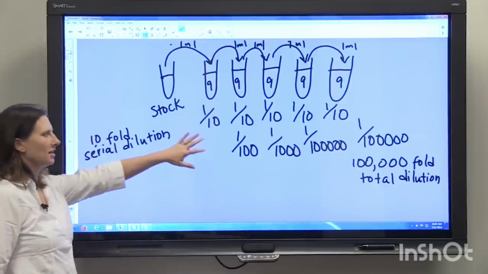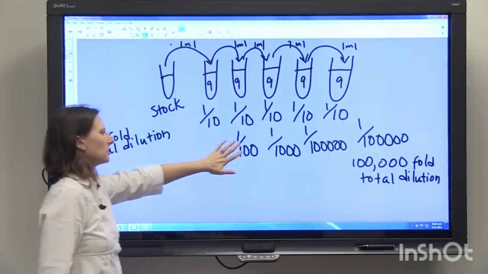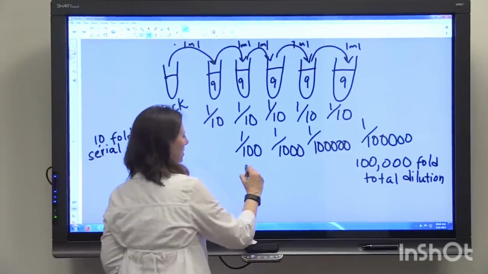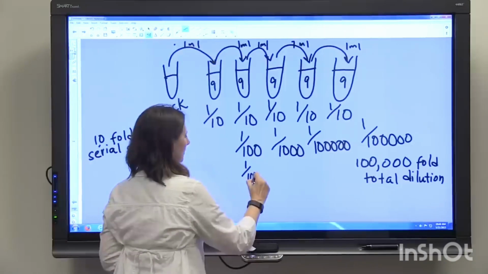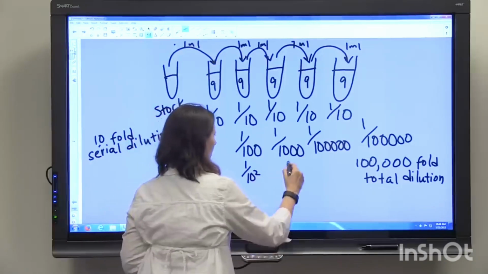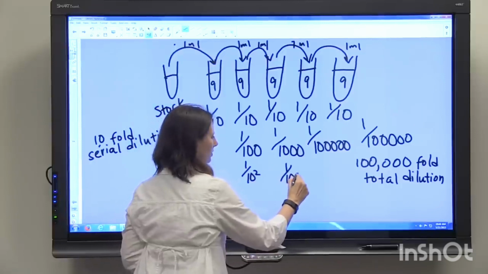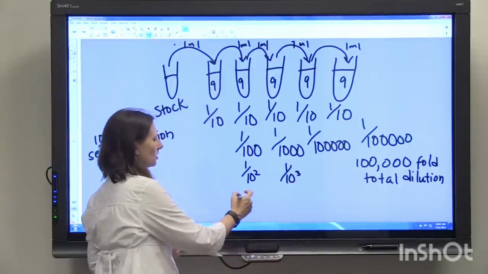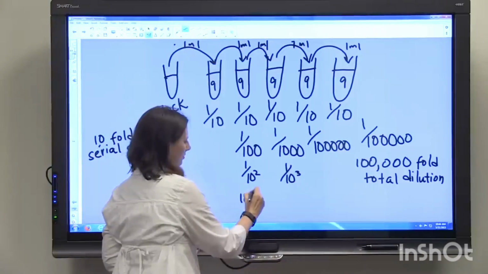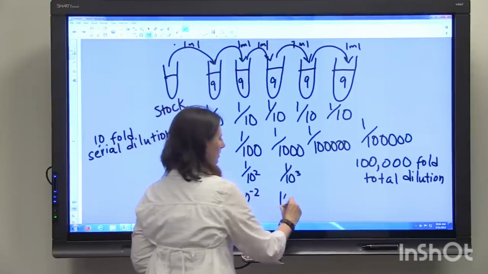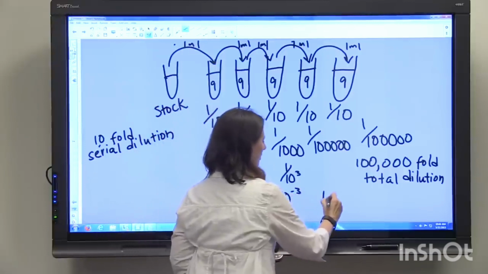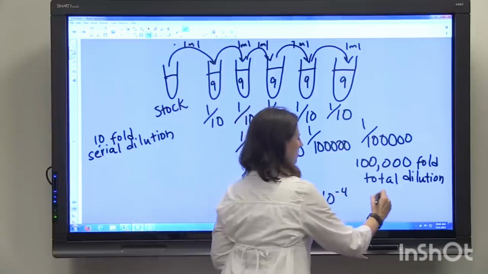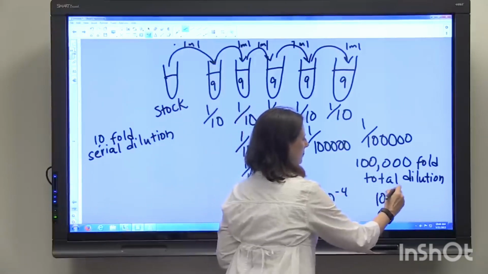And just for the sake of looking at these numbers, you can also always express this using scientific notation as 1 out of 10 to the second, this out of 10 to the third, or this is just 10 to the minus 2, 10 to the minus 3, 10 to the minus 4, and 10 to the minus 5.